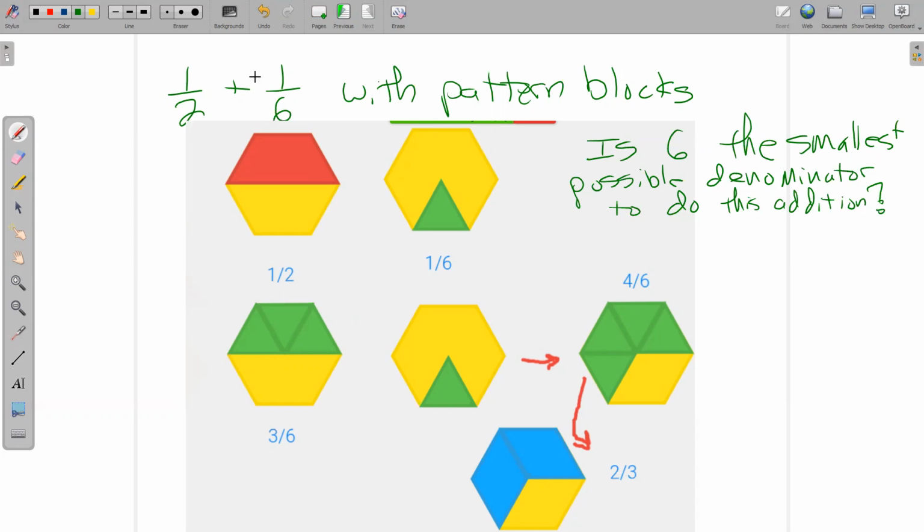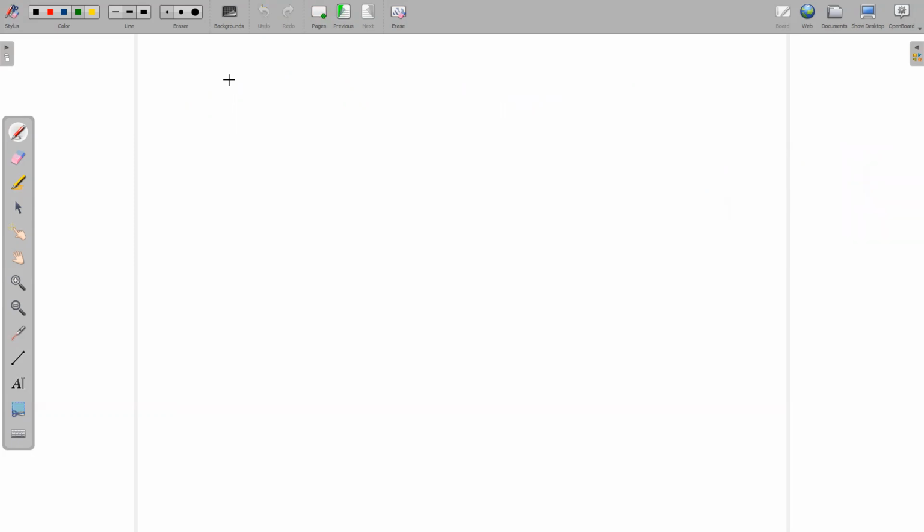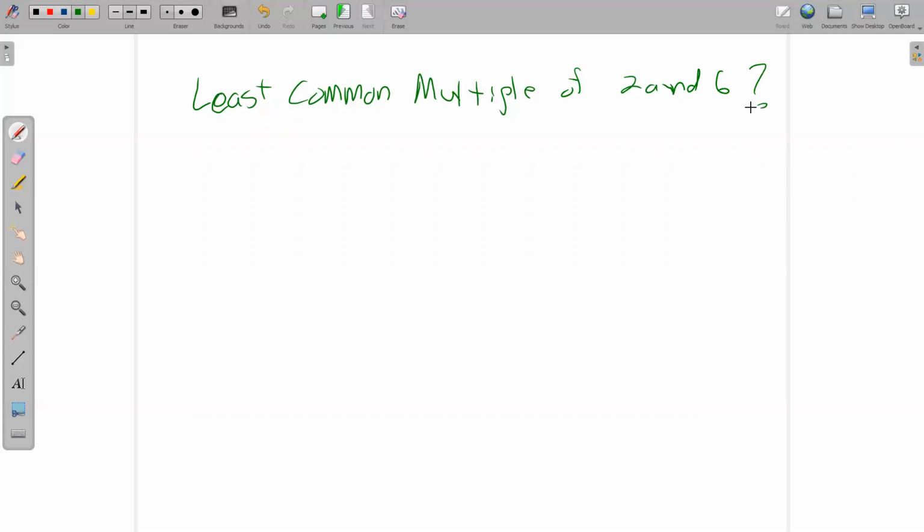Well, that idea of a smallest denominator is the lowest common multiple idea we looked at before. So what is the lowest or least common multiple of 2 and 6? What do you think?